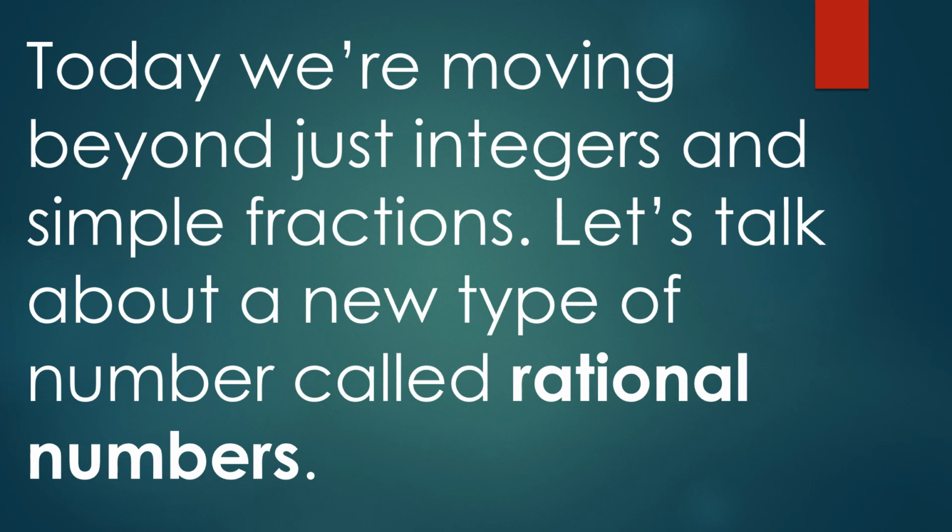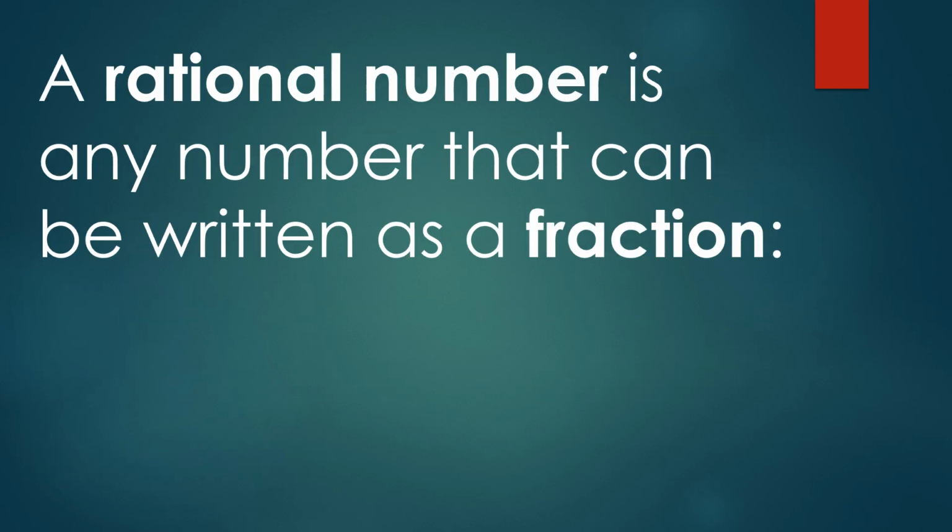So, today, we're moving beyond just integers and simple fractions. Let's talk about the new topic or new type of number called rational numbers. So when I say rational number, it is any number that can be written as a fraction. Again, ulitin natin.